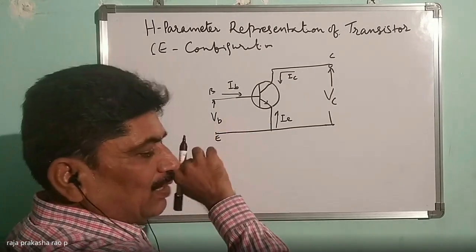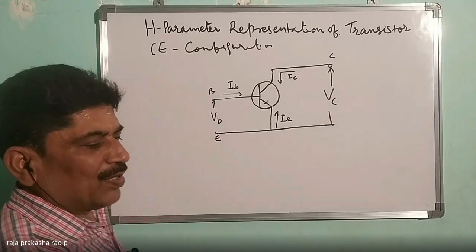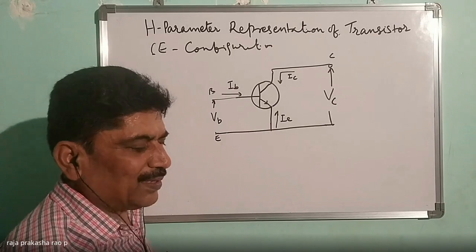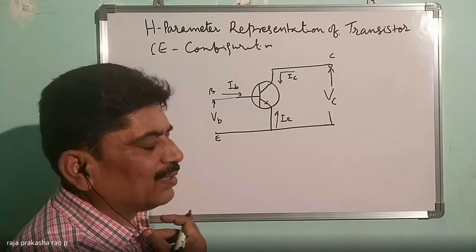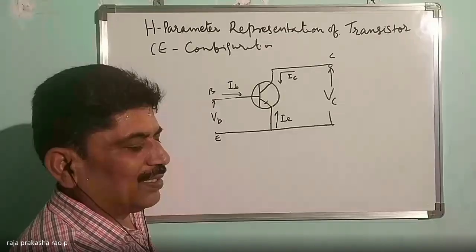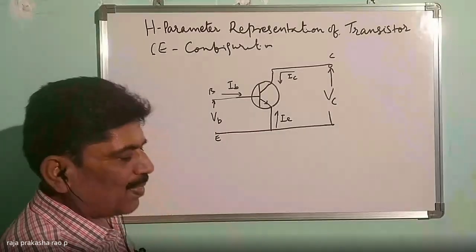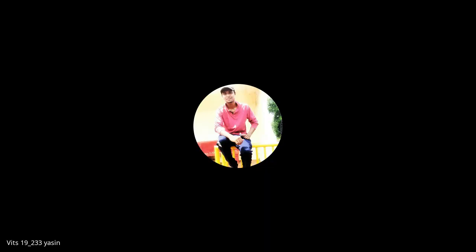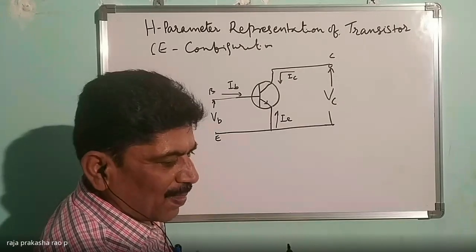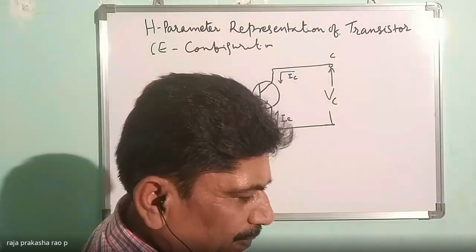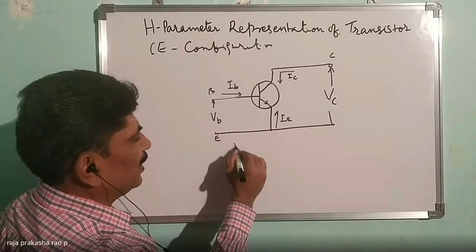From this circuit, tell me what is the input voltage, what is the input current, what is the output voltage, what is the output current? Students, tell me now. From this diagram, what is the input voltage for this transistor? VB. Good.